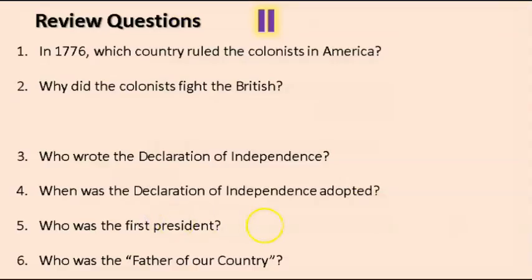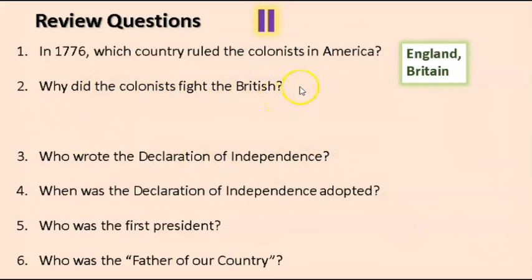Okay, time for review. In 1776, which country ruled the colonists in America? England, or Britain. Remember, it's the same country. Number 2, why did the colonists fight the British?